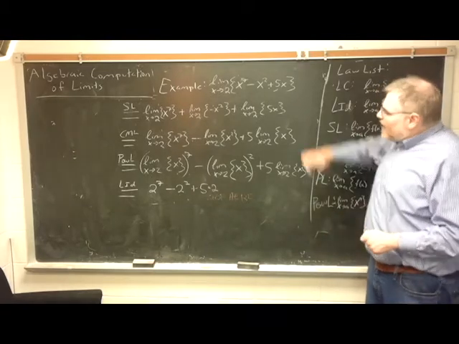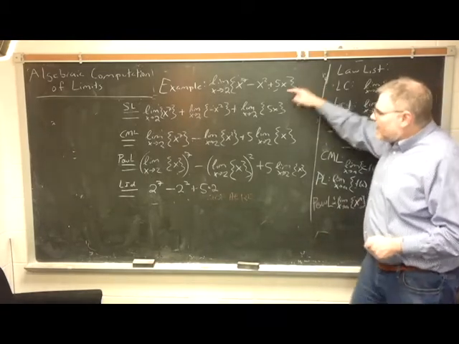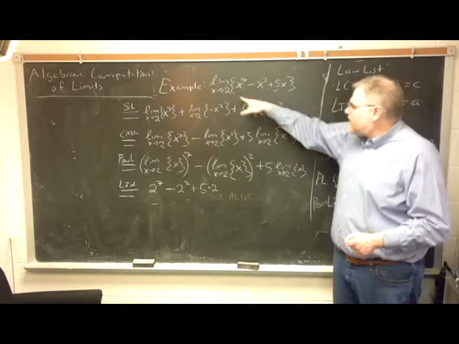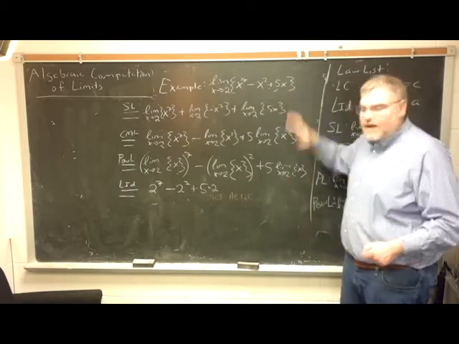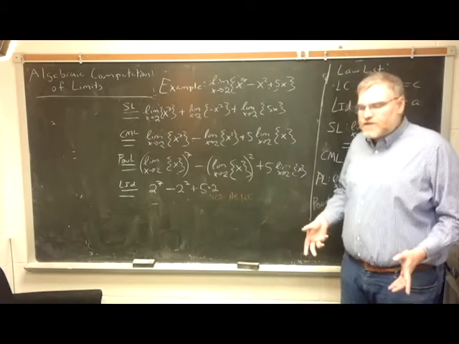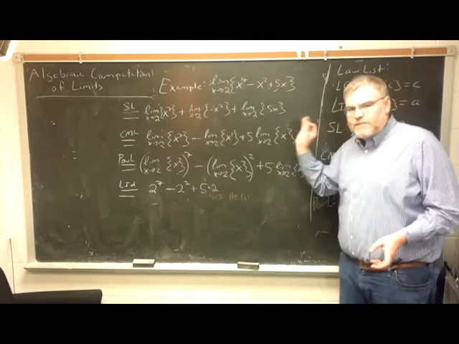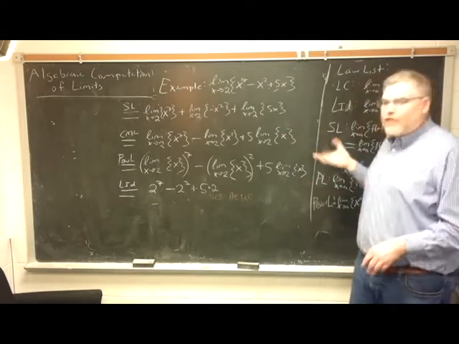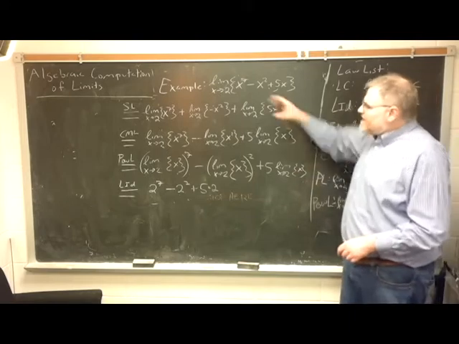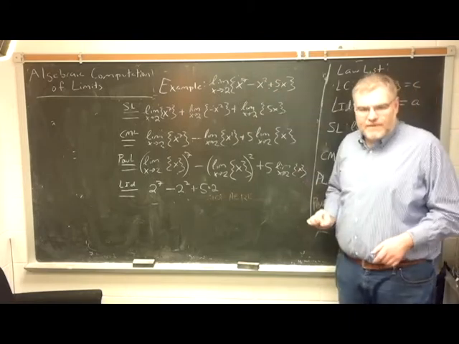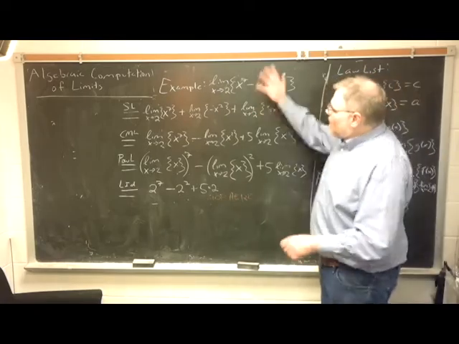I could have started by just plugging in the 2 for the x in each place, and I would have gotten that answer. Again, this is called the direct substitution property, and this is extremely important for us. What this means is that we could make a theorem that would let us do this in one step. That's the next goal.